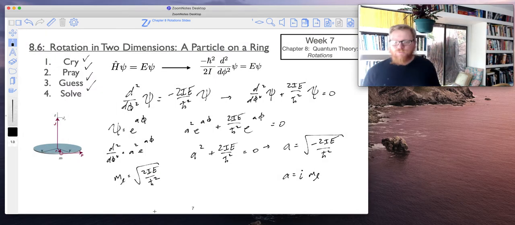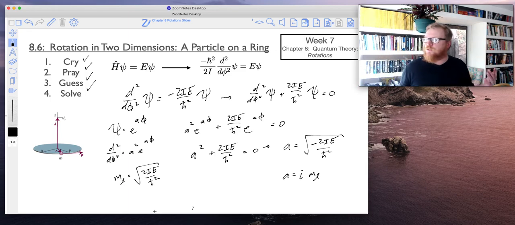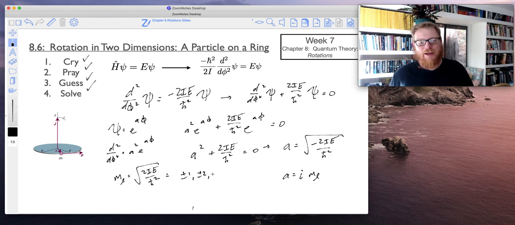It's got to take on only integer values that we've seen, plus or minus 1, plus or minus 2. But the fact that it's also equal to the square root of 2 times the moment of inertia times the energy divided by h bar squared, and that this, in fact, will equal plus or minus 1, plus or minus 2, etc. That's pretty cool, I think. Okay. And so now, when we go, let's see.